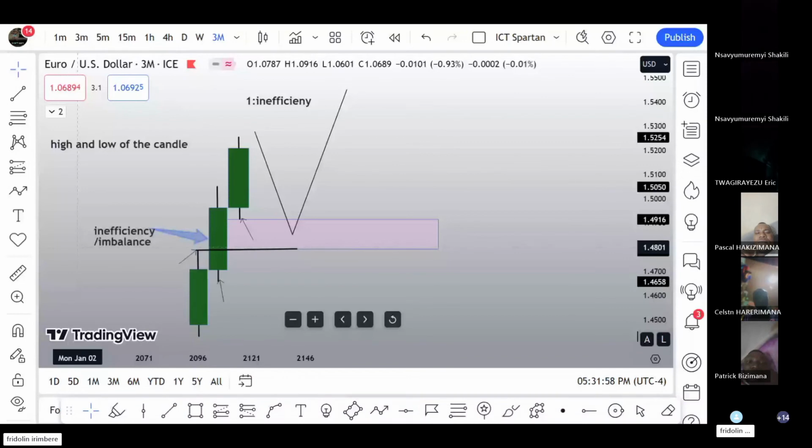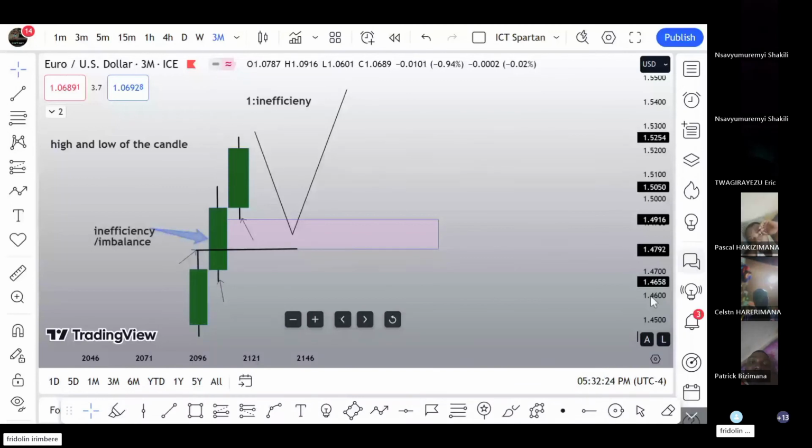Ntabwo price yigenda isize amaorder inyuma, because you know that this candlestick has been created by orders. It's orders that have been made up this. It's this price. Why do we have this price? It's because we have orders which are being injected through these levels.